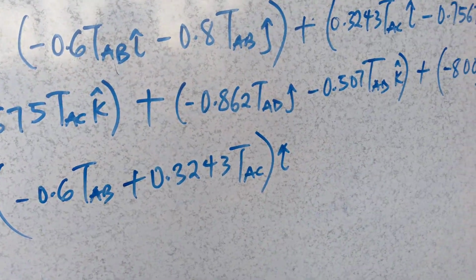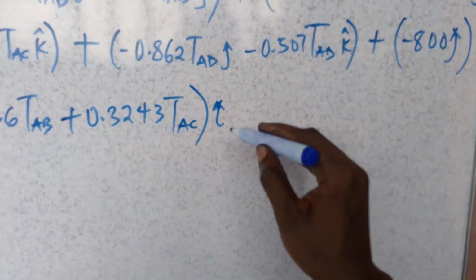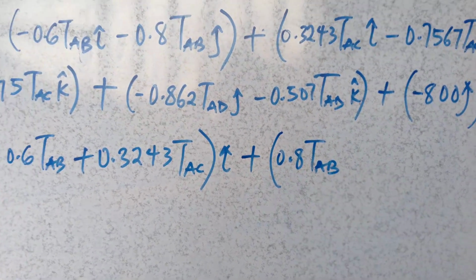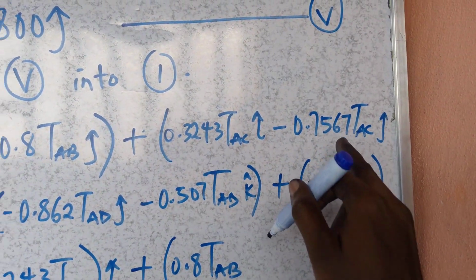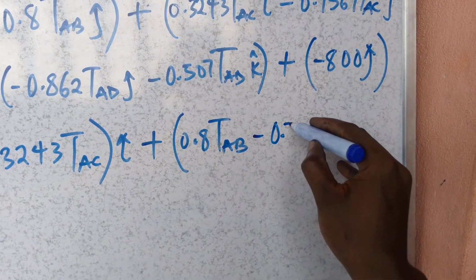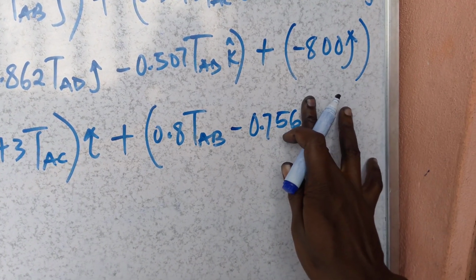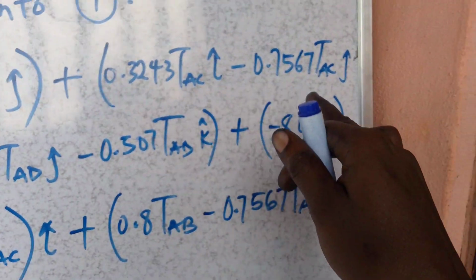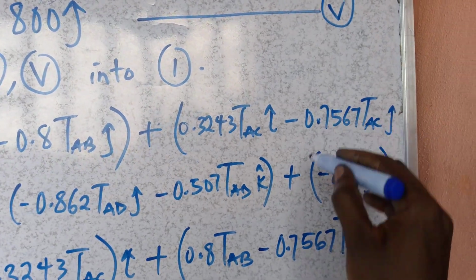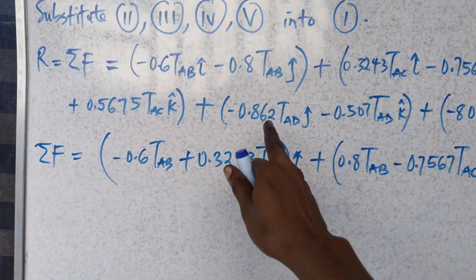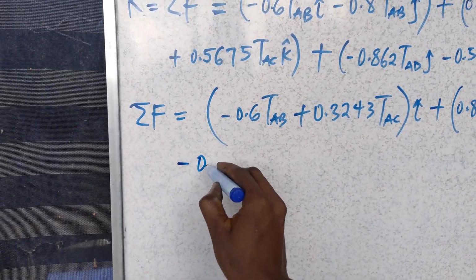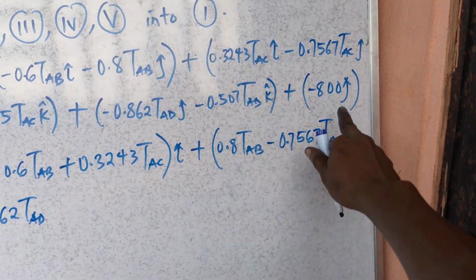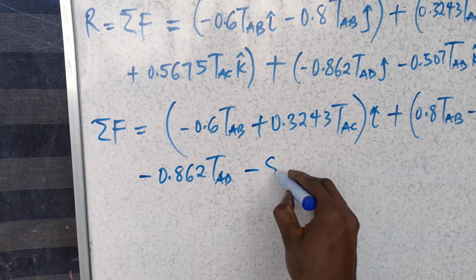I call this I. Then the J coordinates: plus 0.8 TAB, minus 0.7567 TAC, minus 0.862 TAD, and then minus 800.